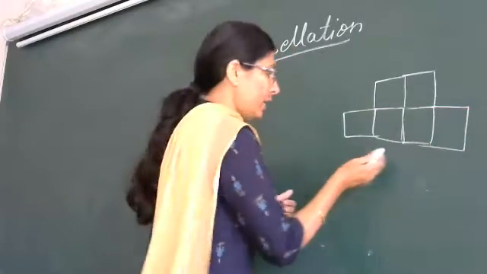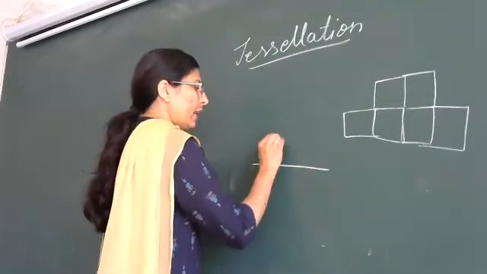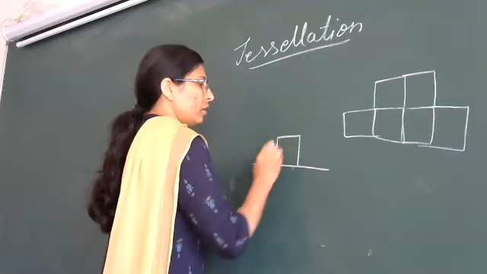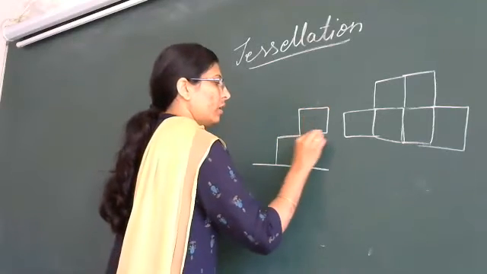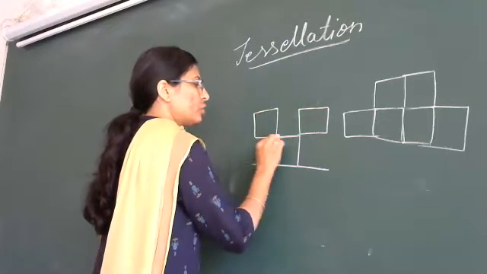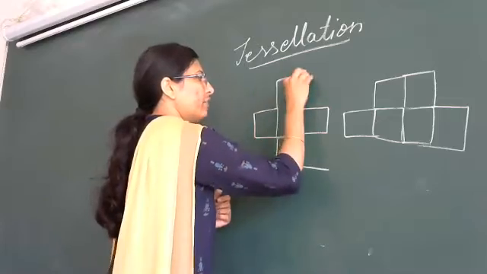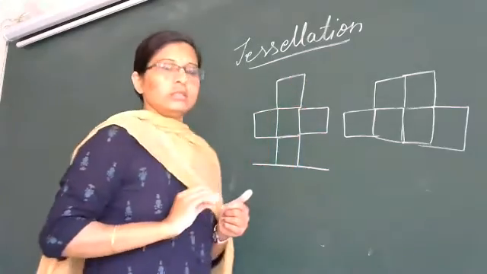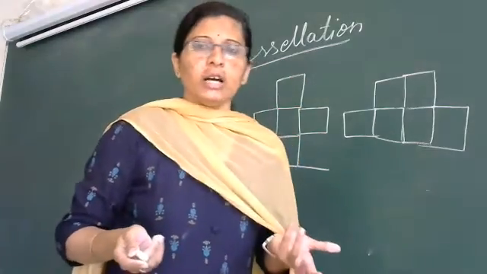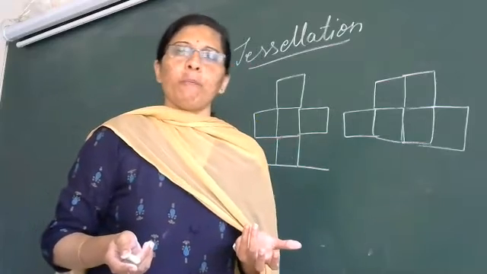This is one type of pattern. If I take a rectangle like this and a square like this, I can make a different type of pattern. With shapes we can make different types of patterns.